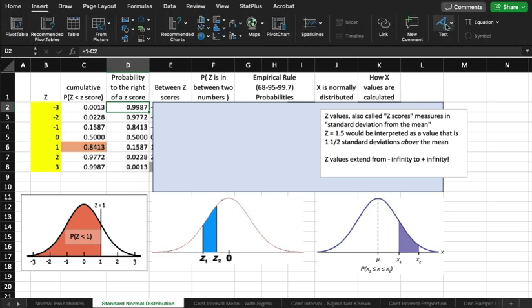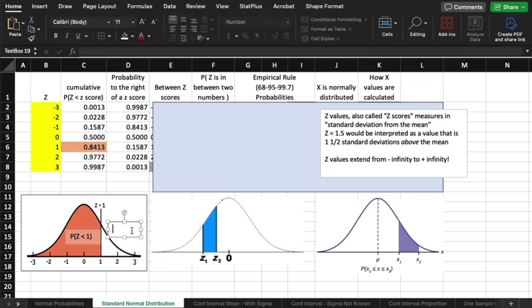I'm going to insert a text box here, and I'm just going to type in probability of z greater than 1, close parenthesis. So that's the white portion that you see down there. The white portion is the probability of z being greater than 1. The orange portion is the probability of z being less than 1.